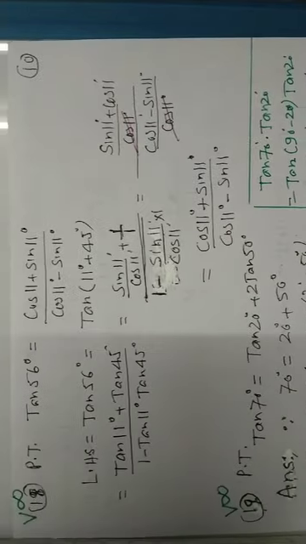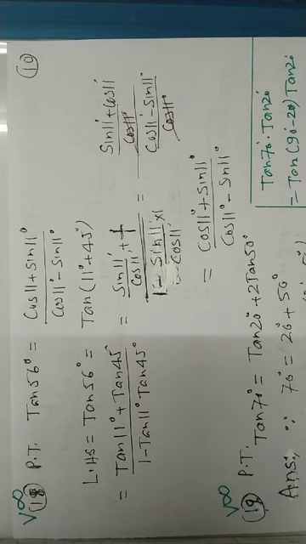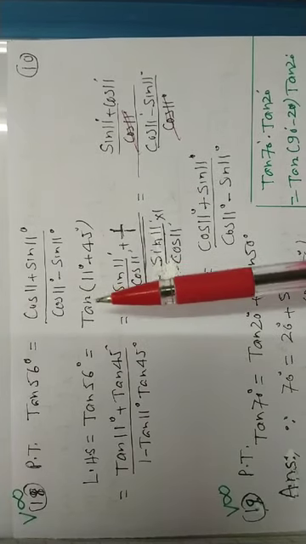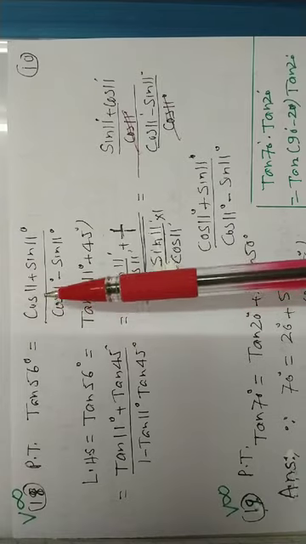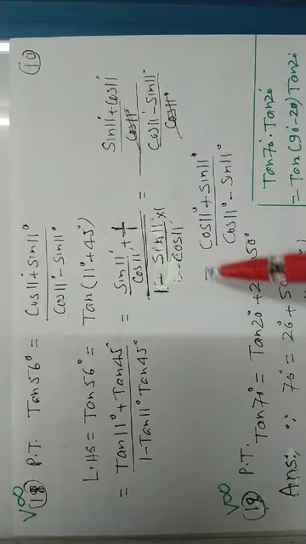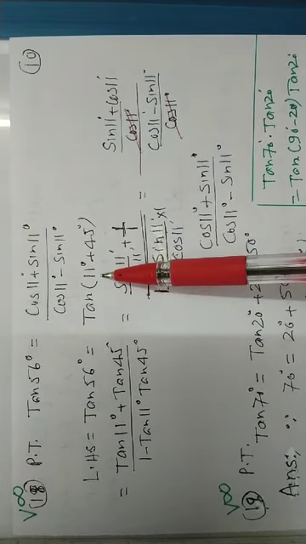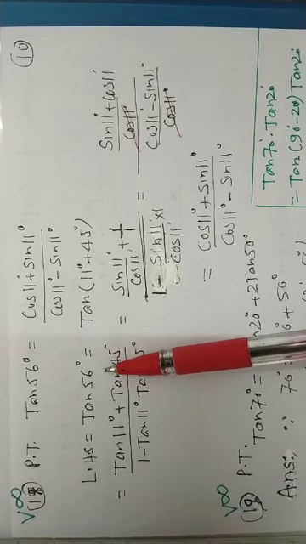Now this is a very important question from the exam point of view. Tan 56 is equal to this, we have to prove. Starting from 56, we need 11 degree, so write 11 plus the remaining 45. 11 plus 45 makes 56.